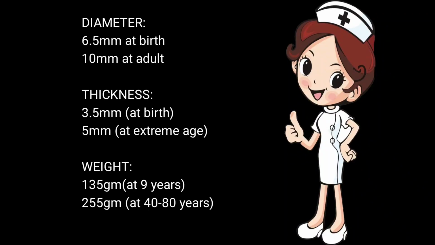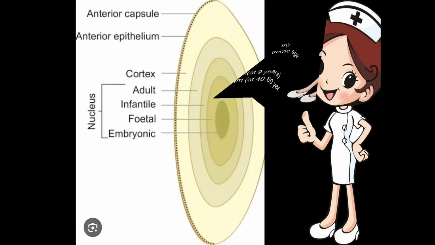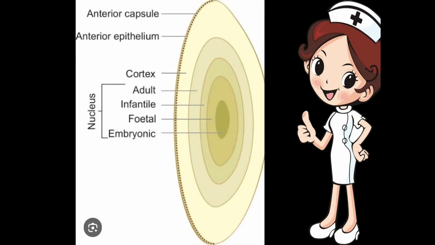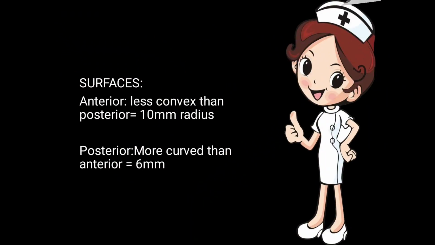Next is the weight. The weight of the lens at 9 years of age is 135 gram and at 40 and 80 years of age its weight increases and becomes 255 grams. So according to the different structures it has different surfaces, different measurements, different diameter, etc.